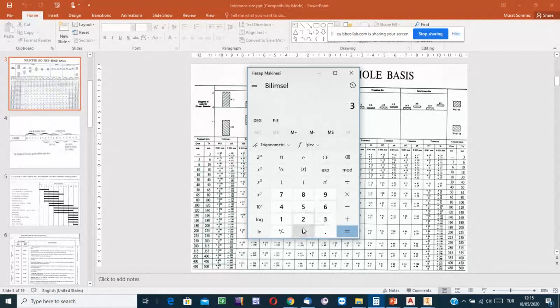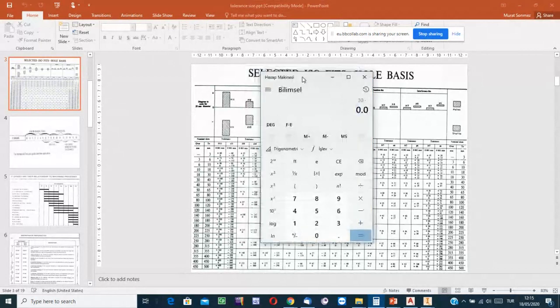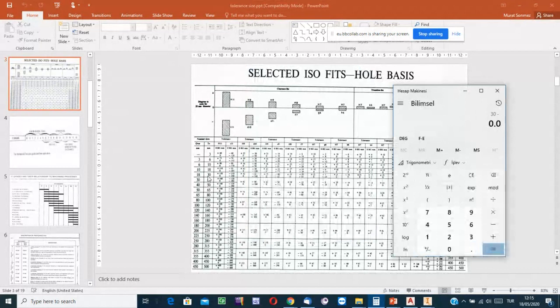What about the upper limit? 30 minus 0.0, well, the number I forgot. Yes, 0.02. Okay. Yes, 29.980 is the upper limit.